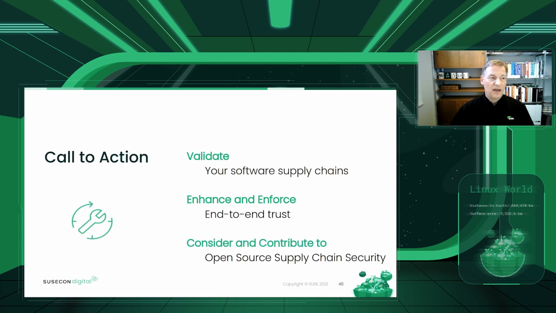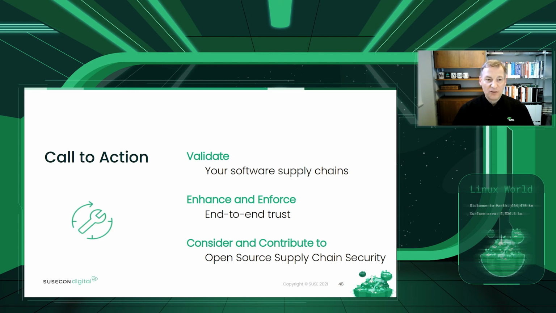Having said that, I would like to encourage you to look at your software supply chain. Please go ahead, validate what you have done, what your suppliers do, or what you as a supplier do. Enhance and enforce the end-to-end trust. I think we have seen today that it is relevant to have this end-to-end trust on the software side, on the lifecycle side, on the security side.